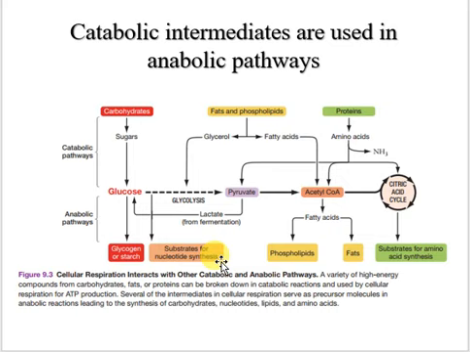And then those nucleotides in turn will be used as the building blocks for RNA and DNA synthesis. So again, you see this cyclic process, how everything is interconnected in a way that one molecule can serve different functions in the cell. Again, this is just another element of efficiency and energy saving.